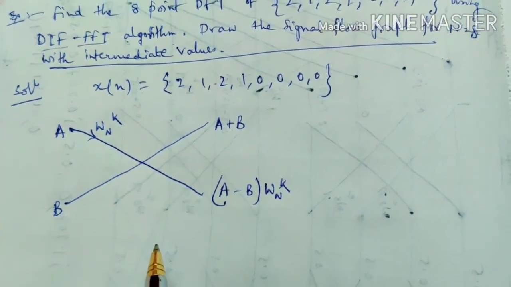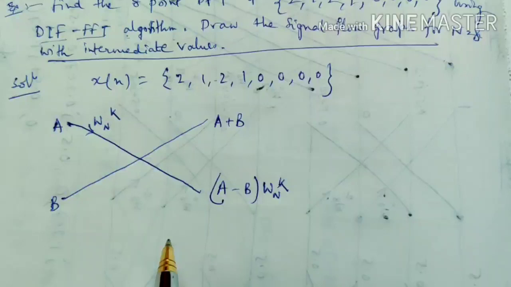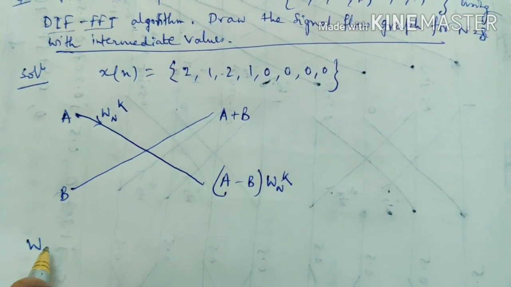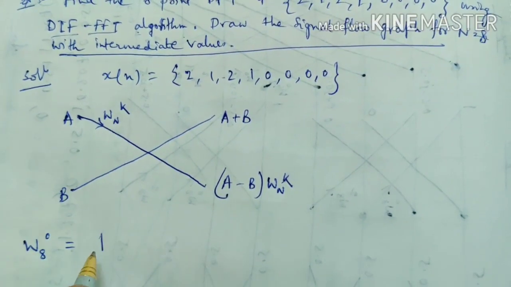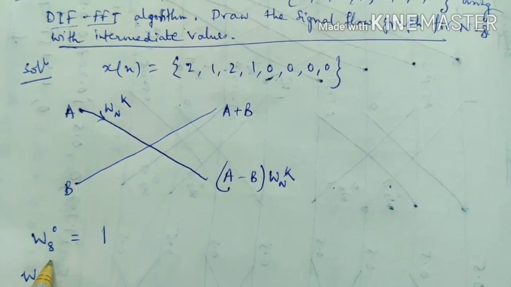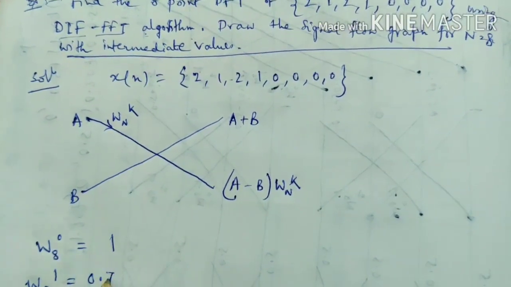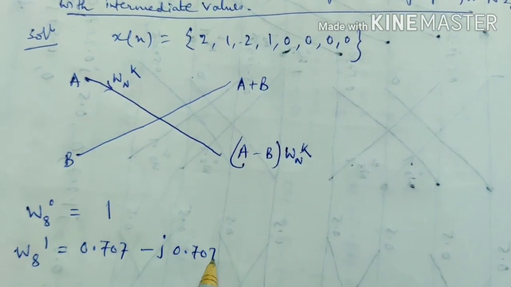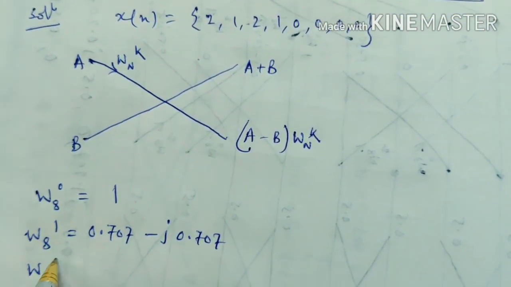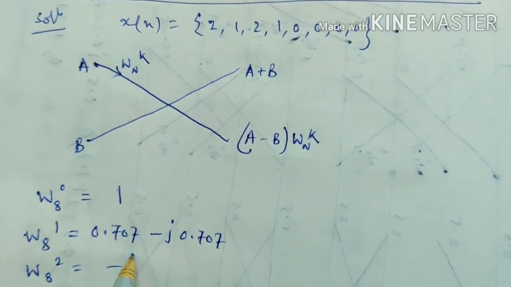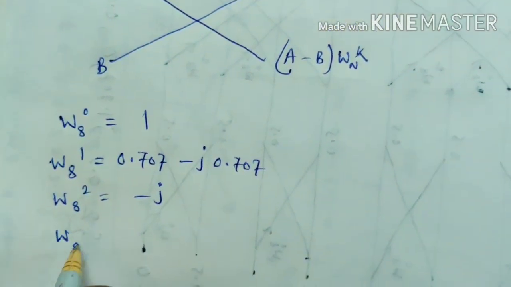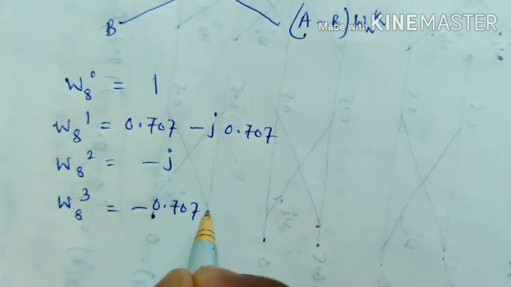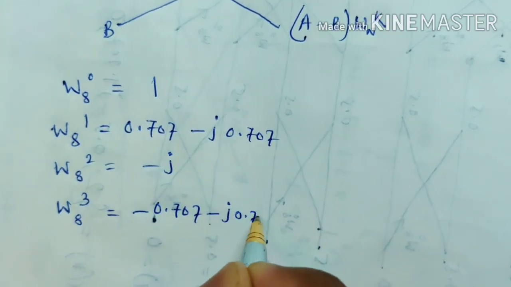And for 8-point DFT, the values of the twiddle factor omega 8^k are: omega 8^0 is 1, omega 8^1 is 0.707 minus j 0.707, omega 8^2 is minus j, and omega 8^3 is minus 0.707 minus j 0.707.